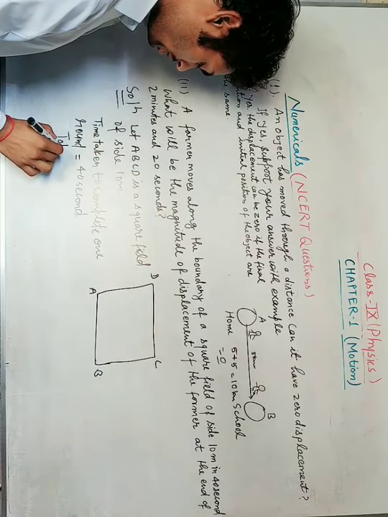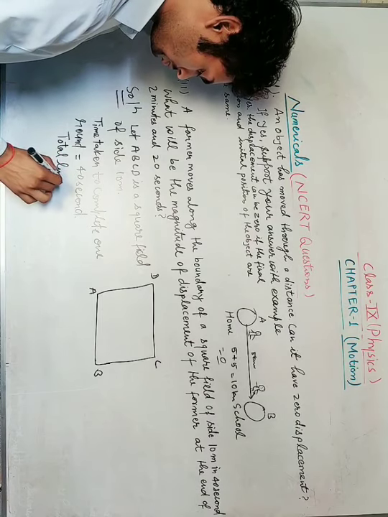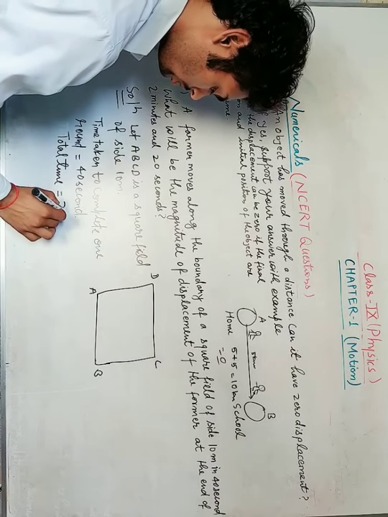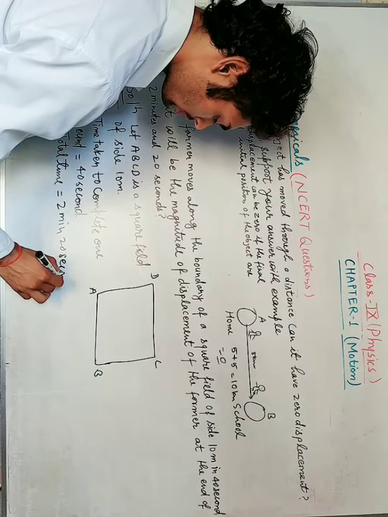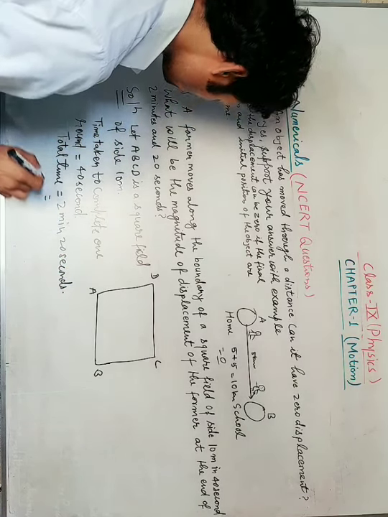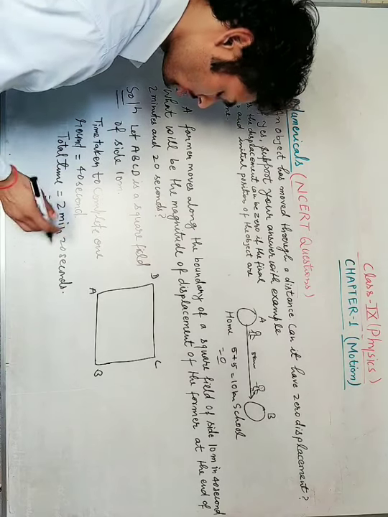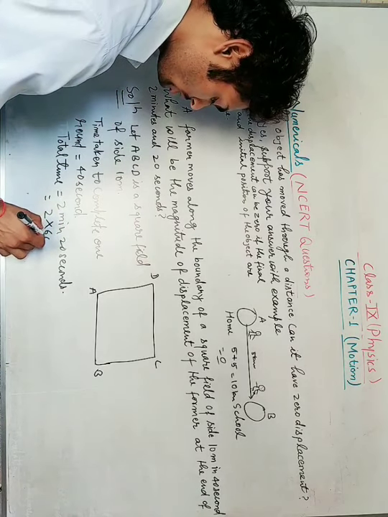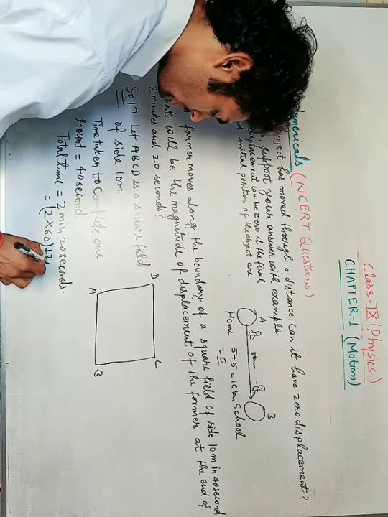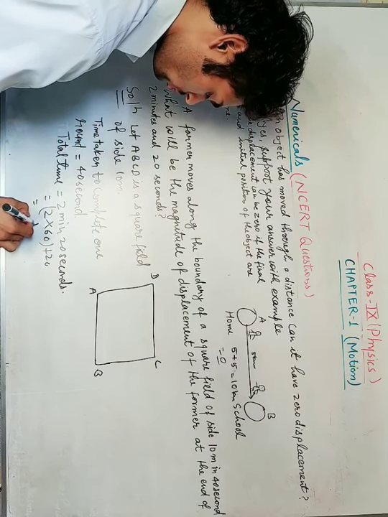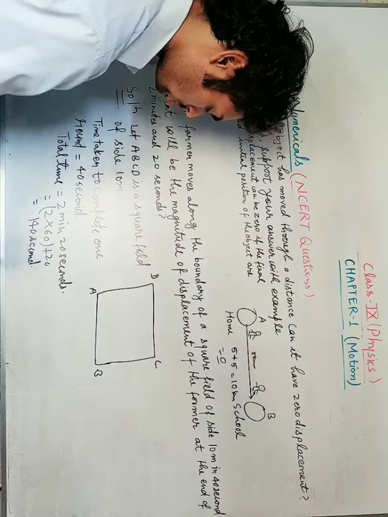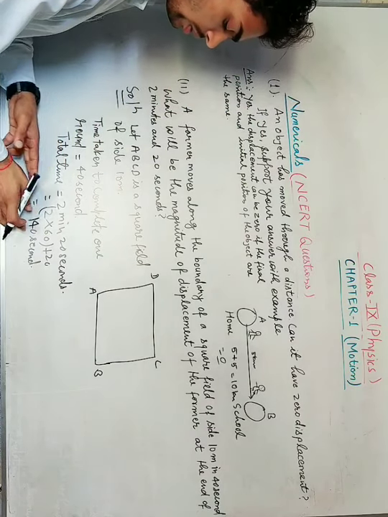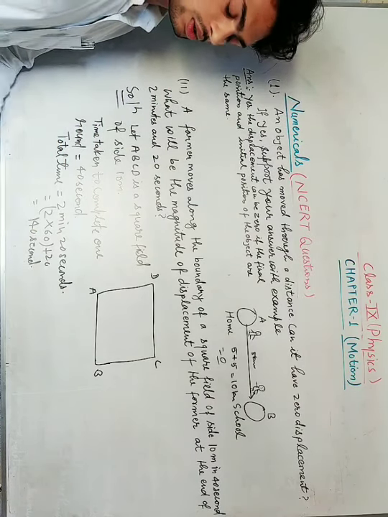So total time equals 2 minutes and 20 seconds. Converting 2 minutes into seconds, 2 into 60 plus 20, it becomes 140 seconds. So total time given equals 140 seconds.